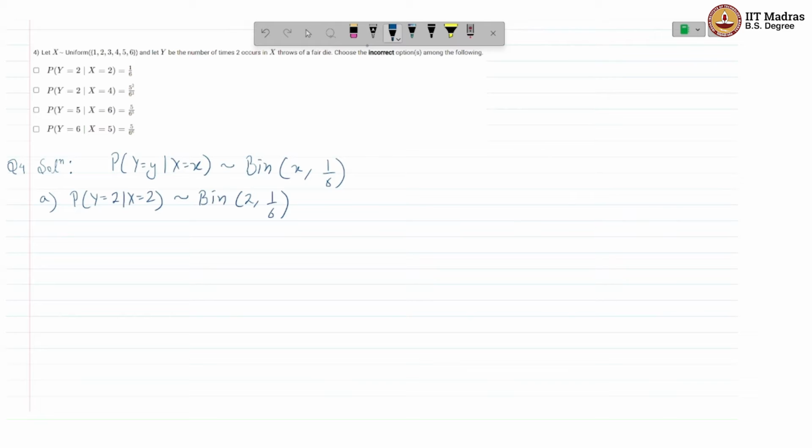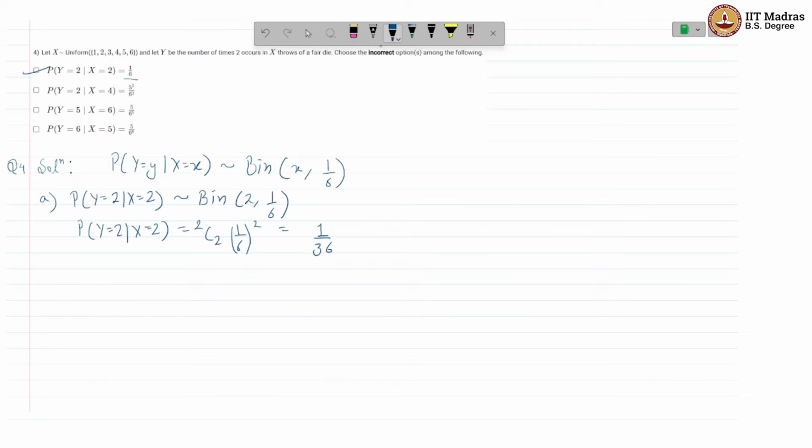So now calculating the value, probability y is equal to 2 given x is equal to 2 will be equal to 2C2 times 1 by 6 raised to the power 2, and this will be equal to 1 by 36. As the value in the first option is different, that is, in the first option it is given that probability y is equal to 2 given x is equal to 2 is 1 by 6, and as we have to mark the incorrect option, this is the correct option to mark.